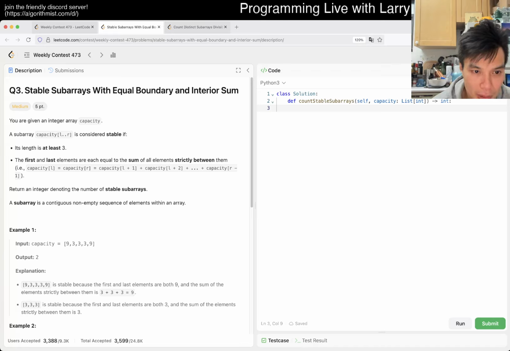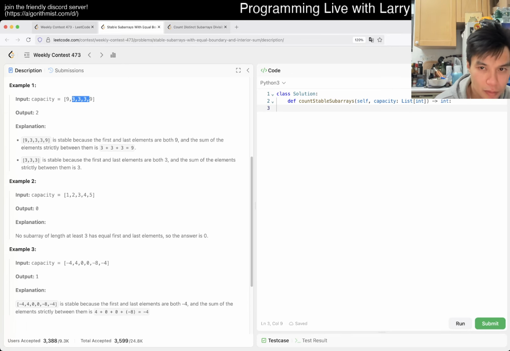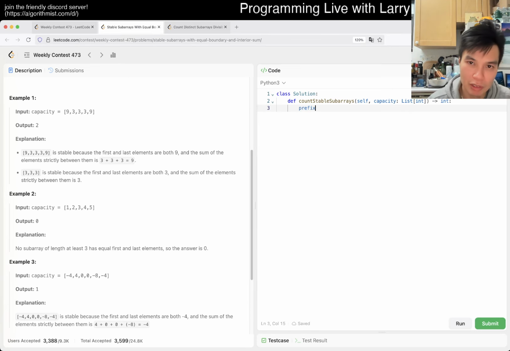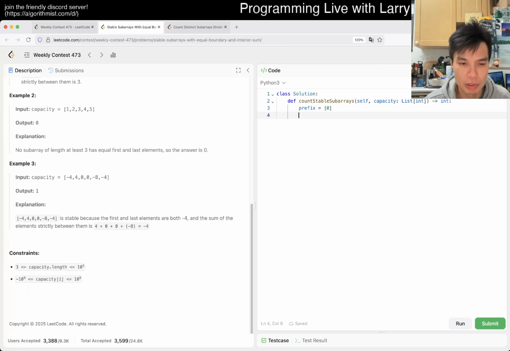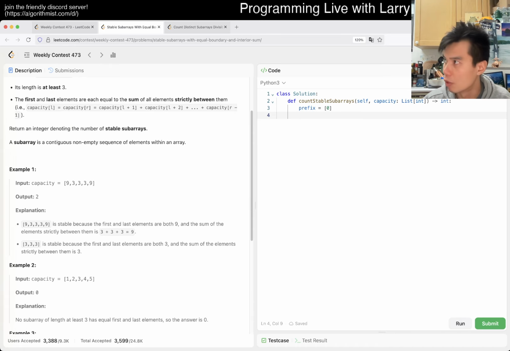So that means that they have to be the same, and then the sum of the middle has to be equal. I mean, I guess it's just that. Well, I don't know if this is it, but we definitely need prefix sum. The way that we could do it could be n squared, so I have to be a little bit careful.